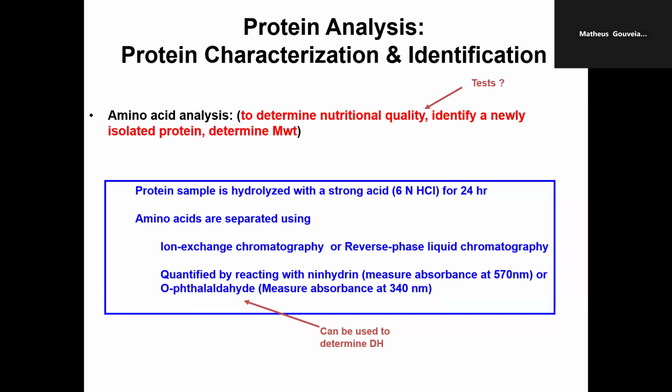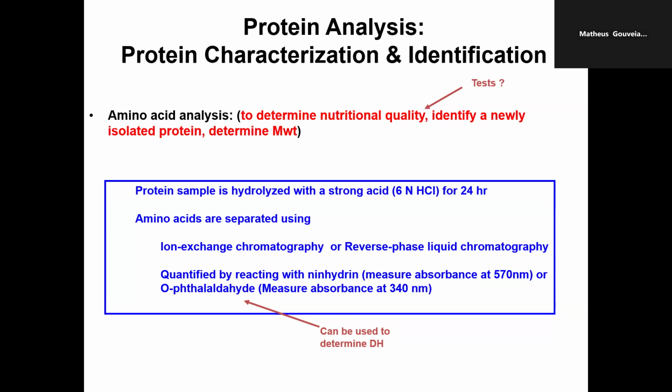How do we do it? We hydrolyze all the peptide bonds, break them into individual amino acids, usually with strong acid and heat for a certain time to get all of the amino acids. And then we separate. Mostly in our lab, we use reverse phase. We do derivatize so that we can measure absorption.